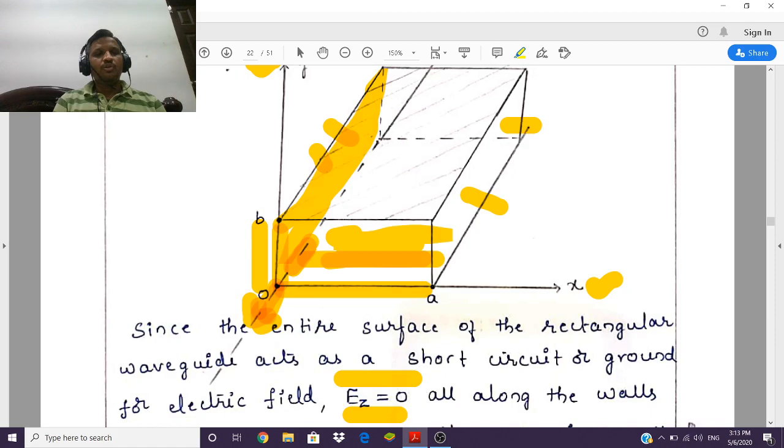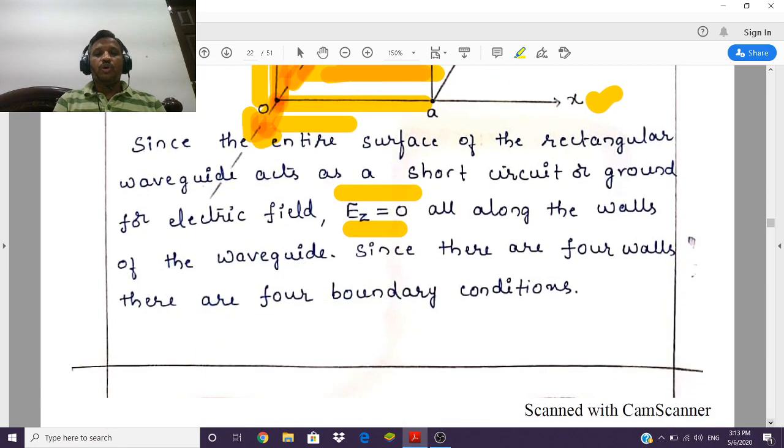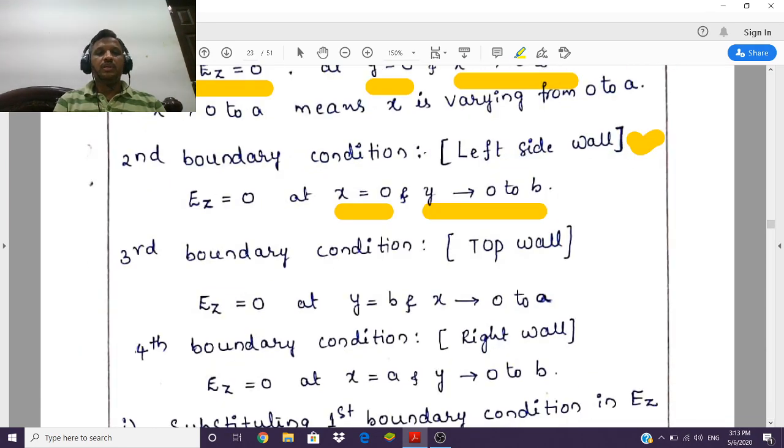And what is the value of x here? Because x is increasing in this direction, x for this left side wall is 0. That means x equal to 0 and y ranging from 0 to b is the second boundary condition, which is the left side wall.